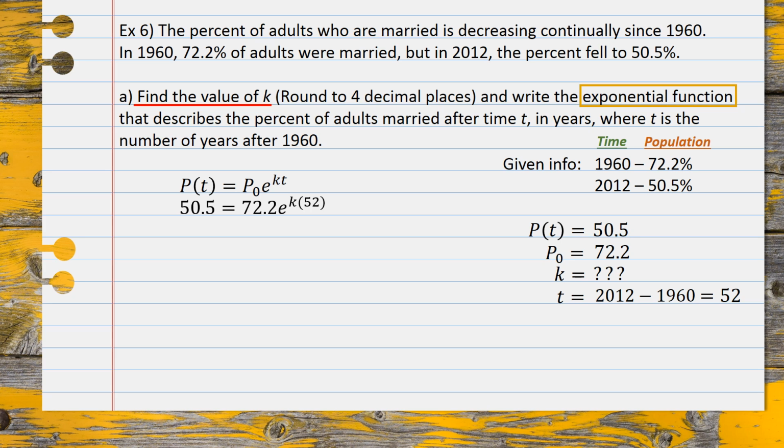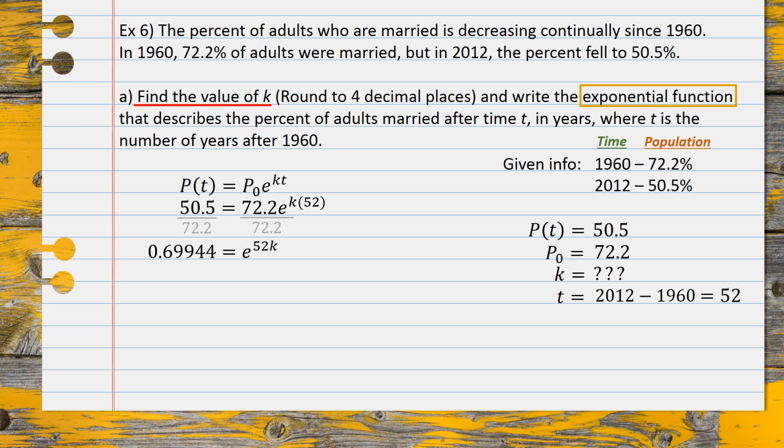Now notice the variable we're trying to solve for is trapped as an exponent. So what we need to do is try to remove everything that is not trapped as an exponent to help us solve. And in this case, notice 72.2 is not touching the exponent. So to undo the multiplication, we will divide the right side and the left side by 72.2.